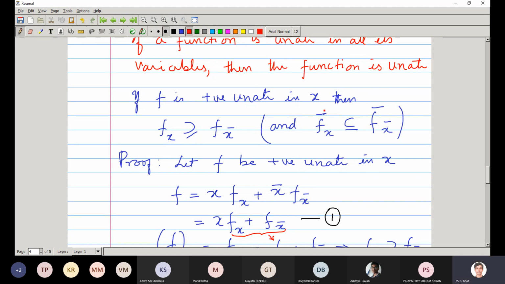Suppose I have the same function. F is equal to AB.